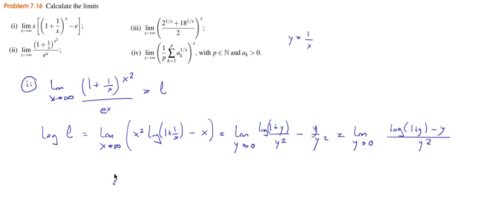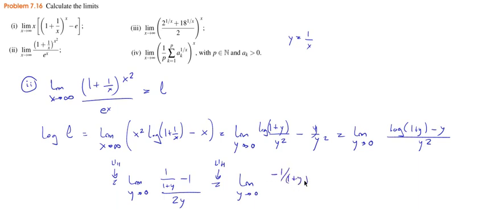We can apply L'Hopital's rule. This is the limit when y goes to 0 of 1 over 1 plus y minus 1 divided by 2y. Okay, and then we have 1 minus 1, 0 divided by 0, so we can apply L'Hopital's rule again, and we have the limit when y goes to 0 of minus 1 over (1 plus y) squared divided by 2, and the limit of this is going to be minus 1 over 2.